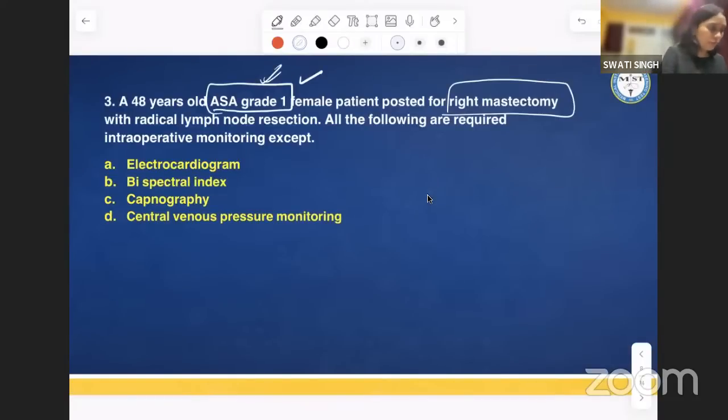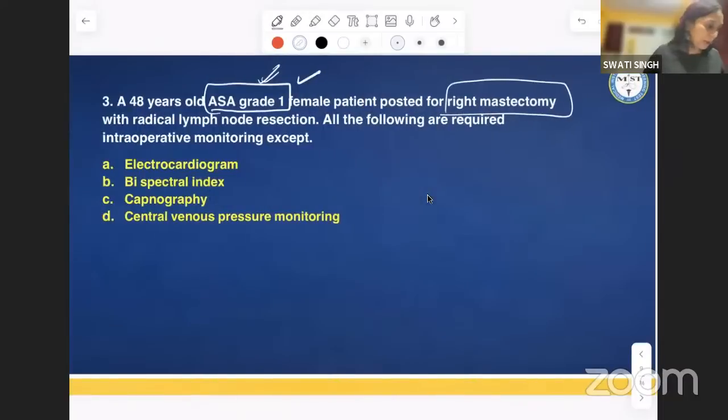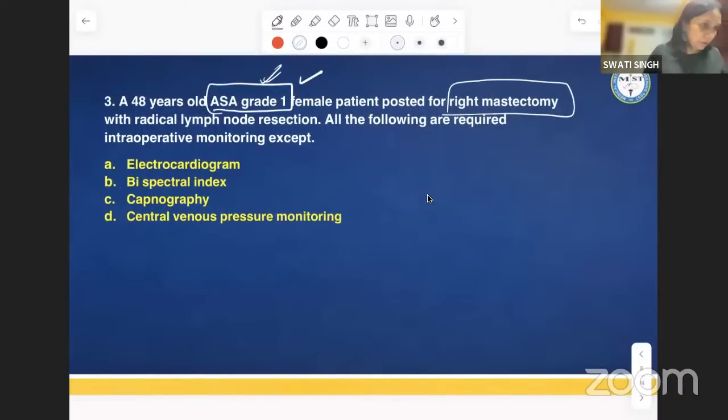Okay. So we need to remember any such question asked on monitoring. We need to remember three important things in monitoring. Number one, that there are 5 basic monitors. In monitors, we have 5 basic monitors. Okay, very good. You all are answering.